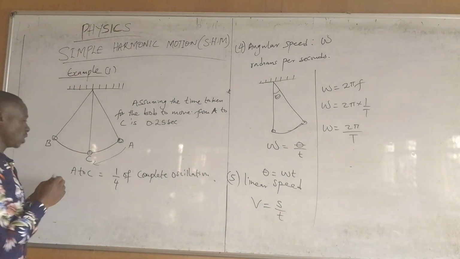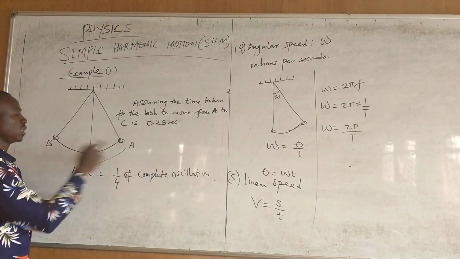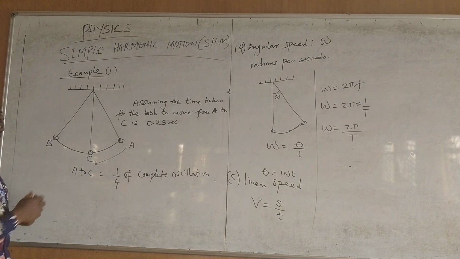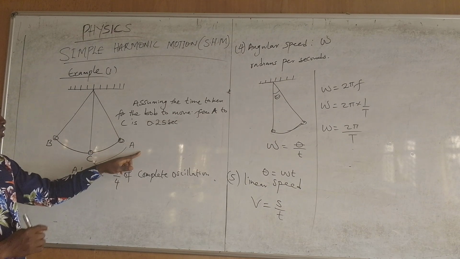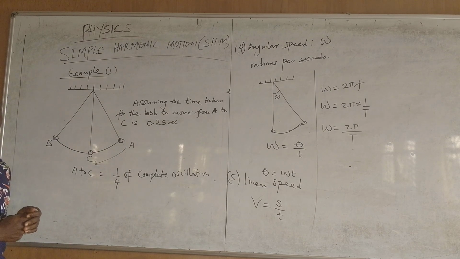The reason is that if from A to B is half oscillation, then A to C is half of half, that's 1/4. Okay, it means 1/4 oscillation takes how many seconds? 0.25 seconds. So what is the time taken for one complete oscillation?